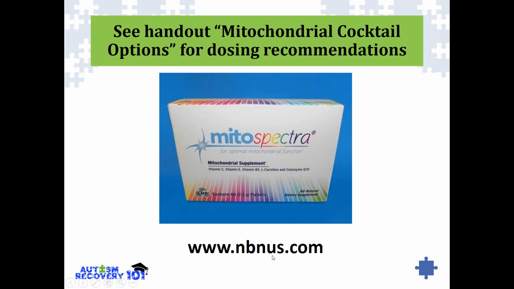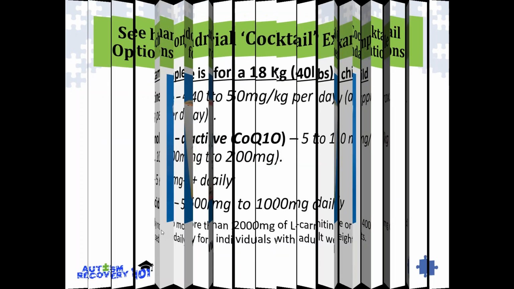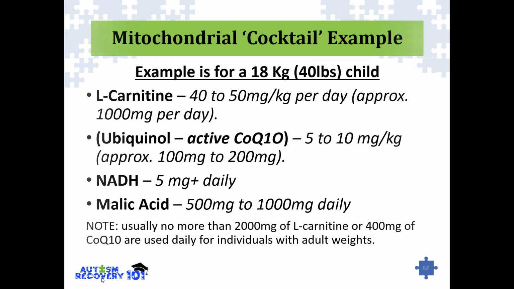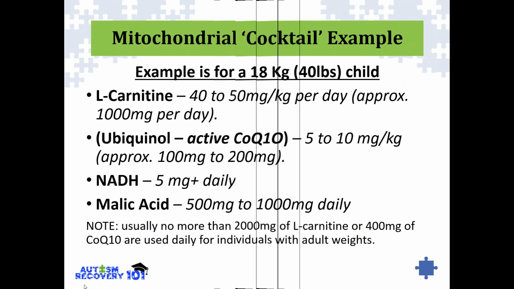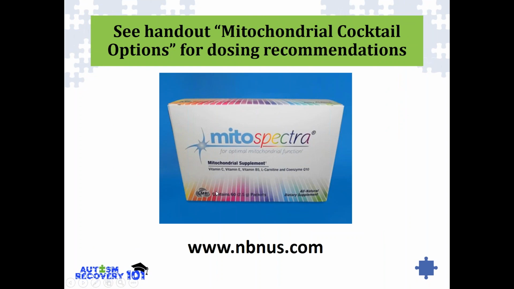And this is available from New Beginnings Nutritionals, which we've discussed before. And you can actually get the dosing recommendations right off the webpage. And in fact, the dosing recommendations are also incorporated into this handout, the mitochondrial cocktail options. They basically dosed on age and weight. So a pretty simple, straightforward product to add in as a complement, if you will, if some of those mitochondrial markers are elevated.